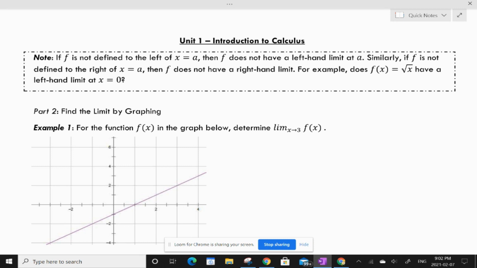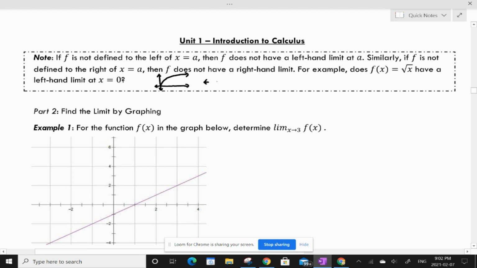So if you think about an example like f of x equals root x, will it have a left-hand limit at x equals 0? If I draw a quick picture of the square root of x, the function looks like this. At x equals 0, if you look at the left-hand side, your function isn't defined for any x values to the left of x equals 0, which means it cannot have a left-hand limit there.